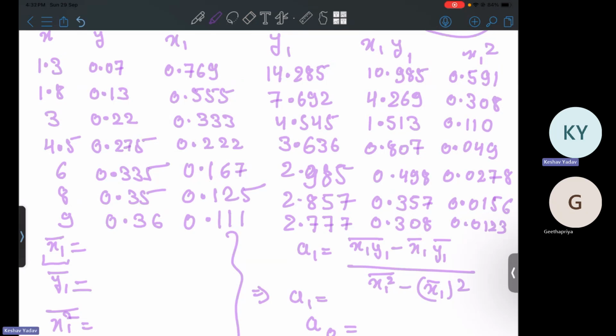Let me do it by myself. X1 bar value will be 0.769 plus 0.555 plus 0.333 plus 0.222 plus 0.167 plus 0.125 plus 0.111 divided by how many terms are there? 7 terms, I think. 1, 2, 3, 4, 5, 6, 7. This will be equal to 0.326. Correct?